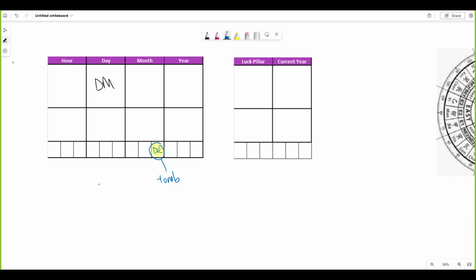It can only be in the tomb if it is an earth. And when earth sees another earth, it is also direct resource in the tomb. Now, chances are when there is earth and earth, it will likely be a clash, like a dog and a dragon, or it can be a bullying punishment or whatnot.